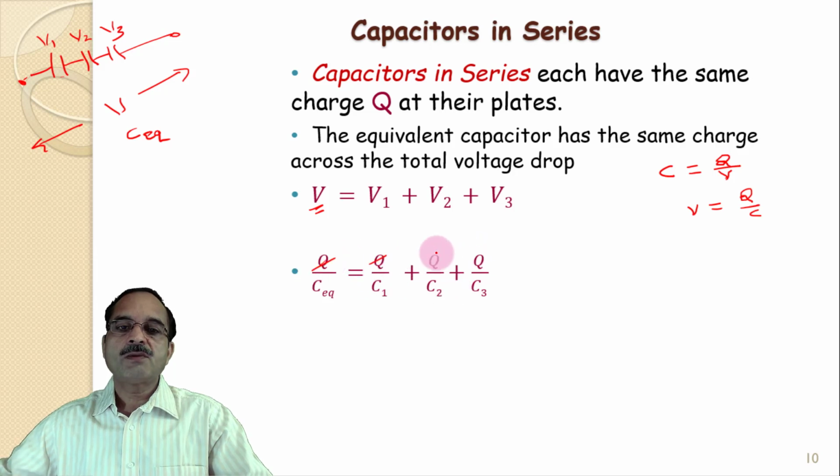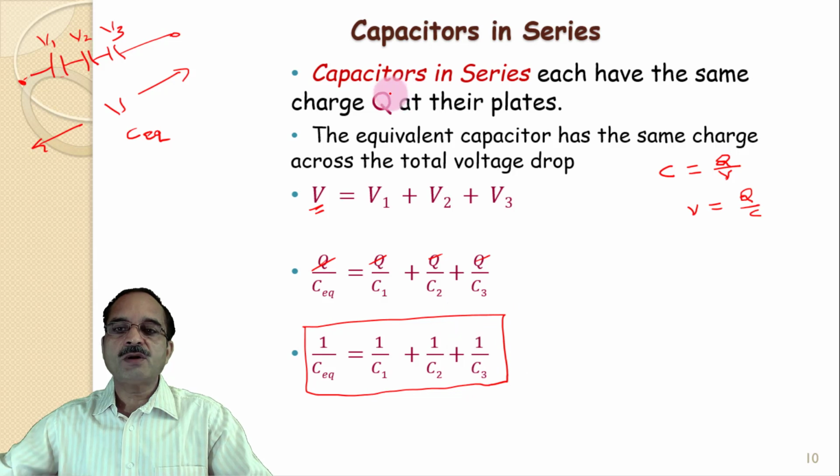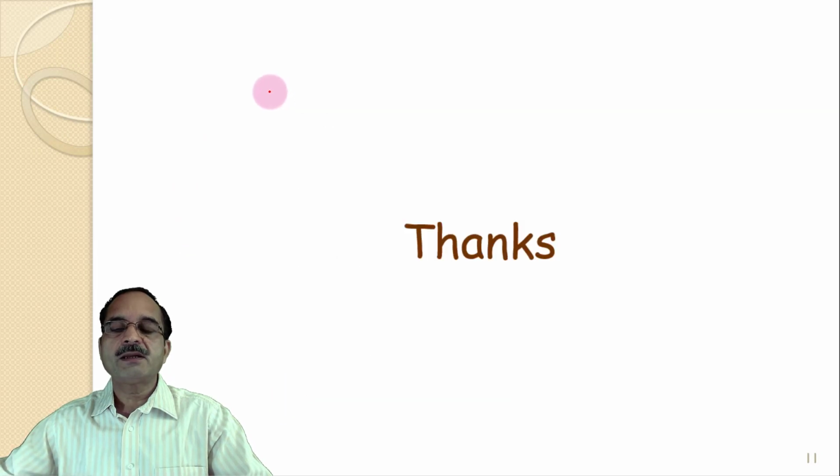So this Q from the numerator of both the sides cancels, and this gives me 1 upon C equivalent as 1 upon C1 plus 1 upon C2 plus 1 upon C3. So using this equation we can find the equivalent capacitor if 3 capacitors are connected in series.